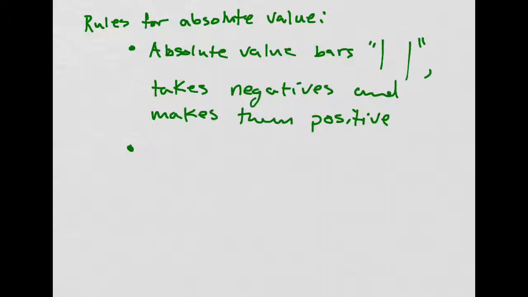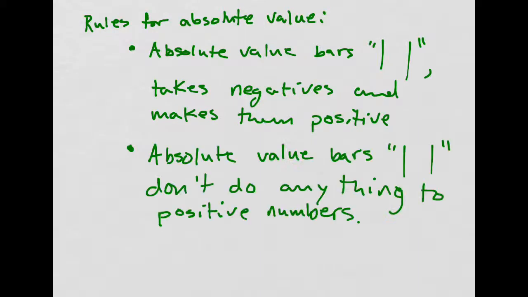How different? You can't distribute inside absolute value. So be careful of that. You cannot distribute inside absolute value. Absolute value bars take negative numbers and make them positive numbers. That's easy. And absolute value bars don't do anything whatsoever to positive numbers.